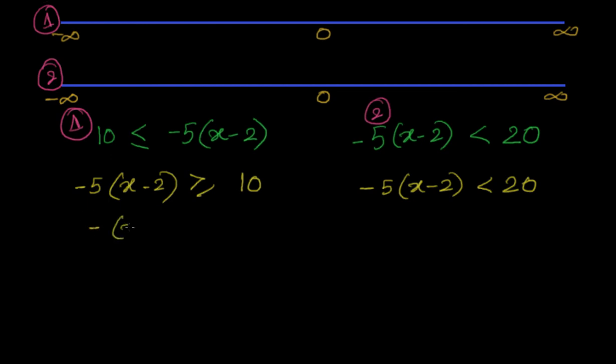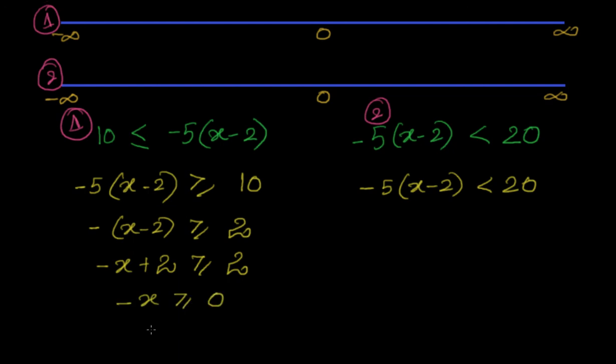Now if we divide by 5, what happens? -(x - 2) greater than or equal to 2. This is nothing but -x + 2 greater than or equal to 2. So -x is greater than or equal to 0, or x less than or equal to 0.